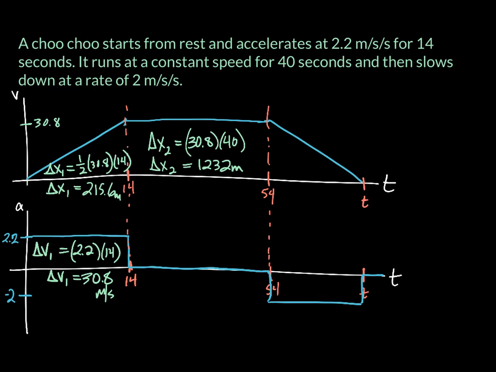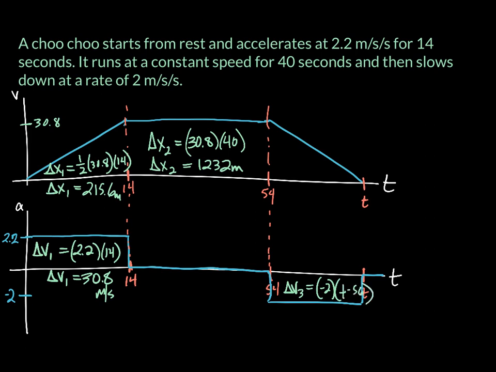And then this last part. Well, let's look at the change in speed for this third region. It would be -2 times, well, I don't know. Do I? I could put t minus 56 here. All right.